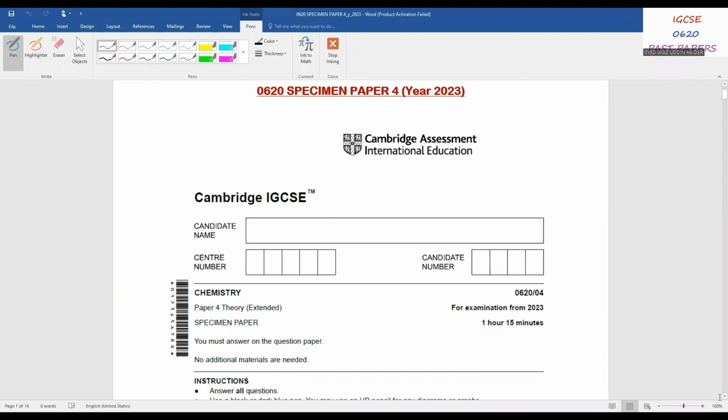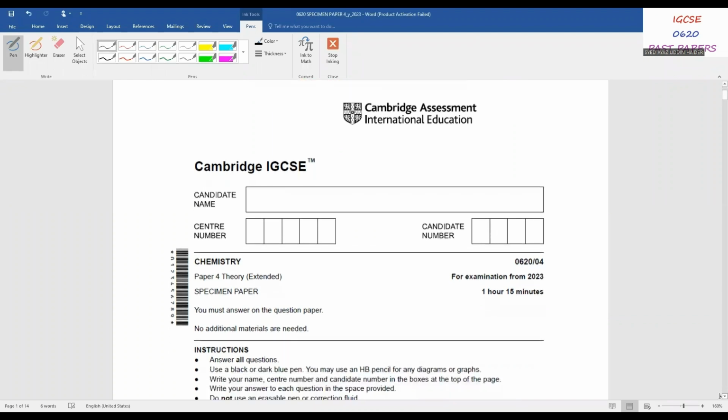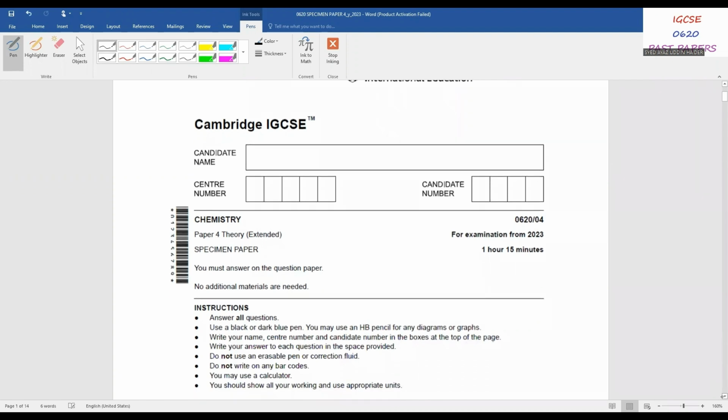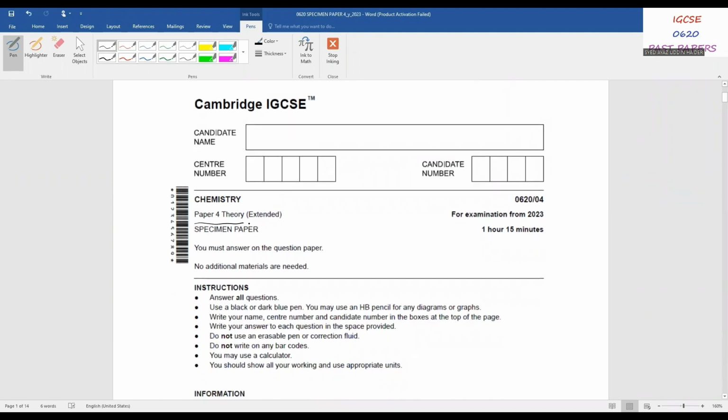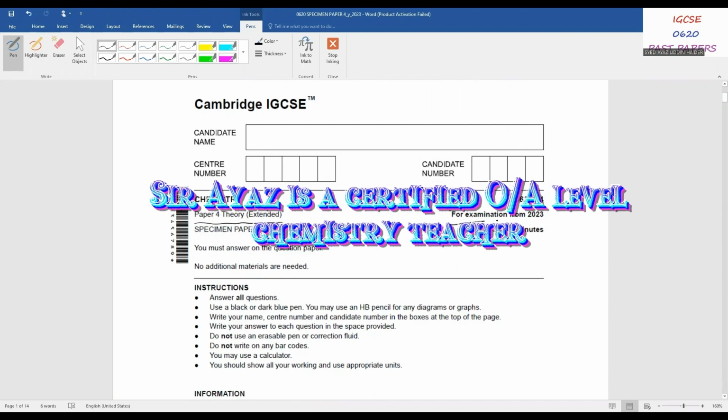This is the paper 4 theory, extended one, for examination from 2022-23 and onwards. The duration will be of 1 hour and 15 minutes.